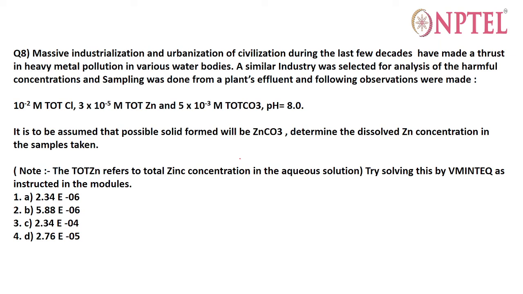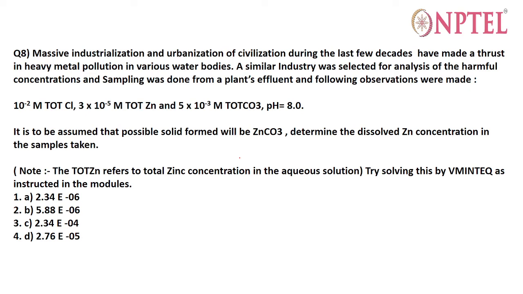So this is a numerical question, right? And I will suggest you use VMinTech software for solving this one. The massive industrialization and urbanization of civilization during the last few decades have caused metal pollution, heavy metal pollution, in the various river bodies.